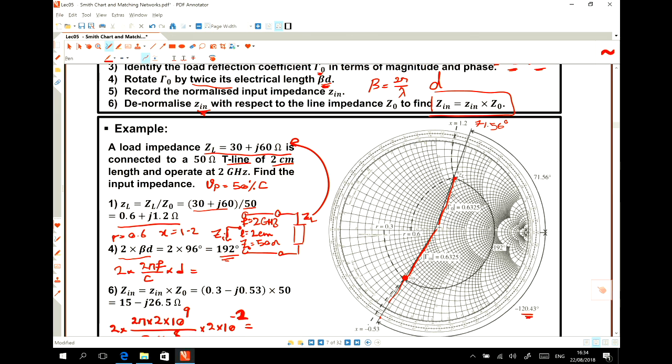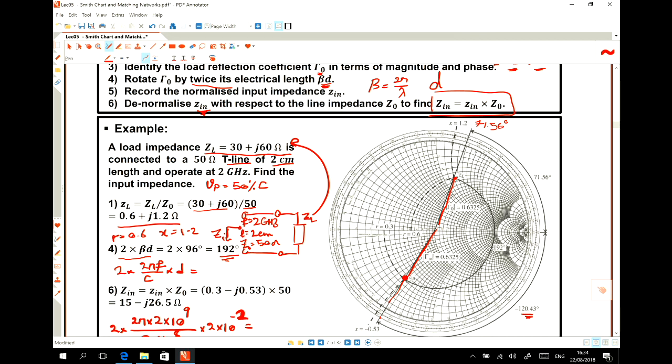So if I write here that Y equals G plus jB, we call this conductance, we call this susceptance, and we call this admittance.